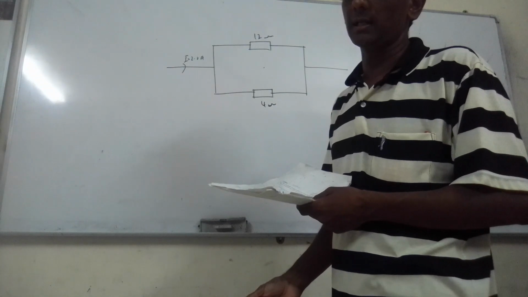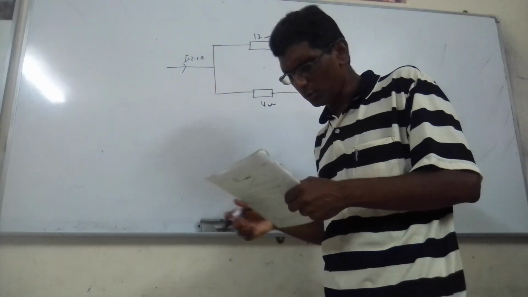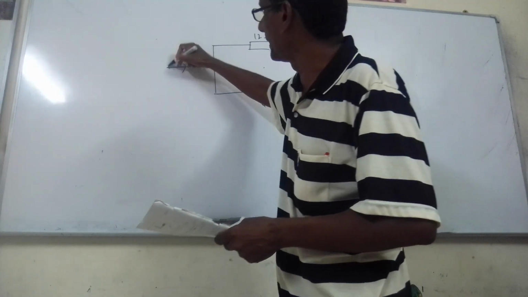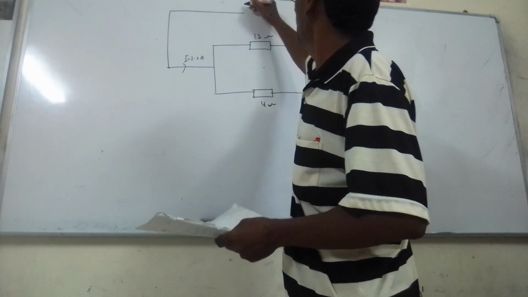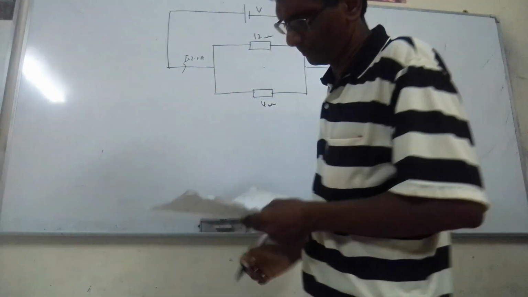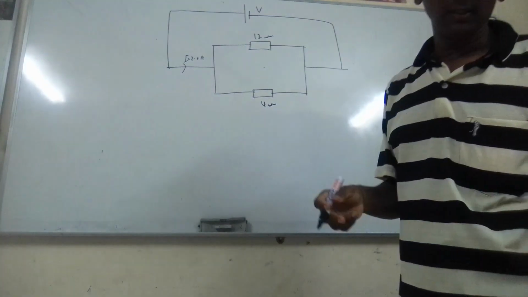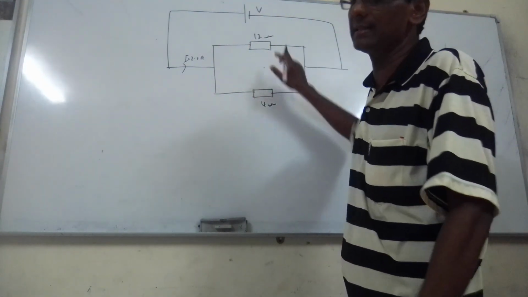This question has a shortcut and a long way. I teach the long way first. We have to connect this to the battery and find the voltage of the battery, because it's parallel resistance.